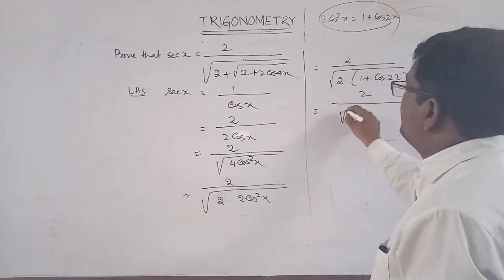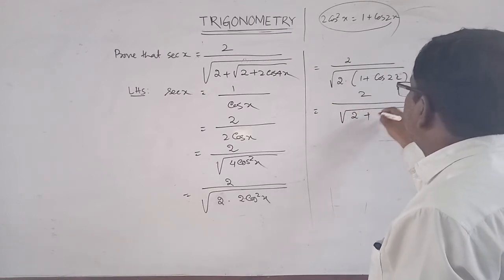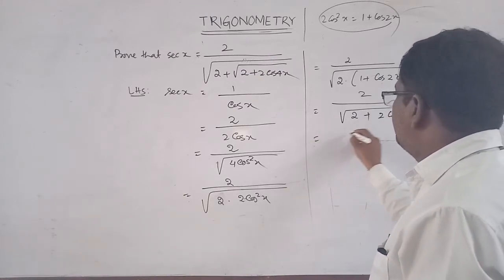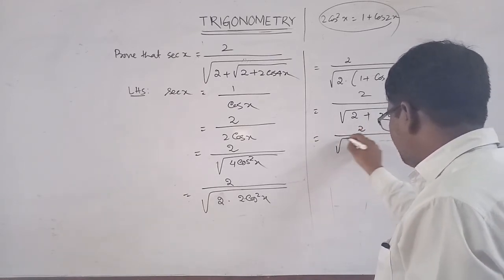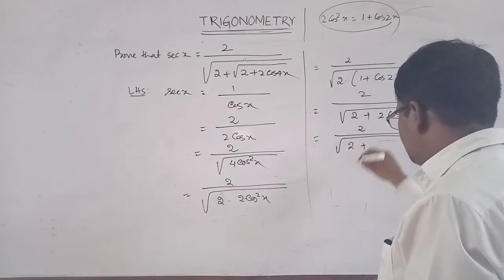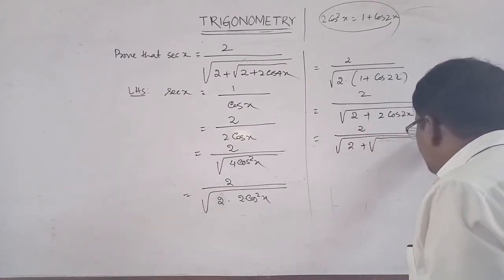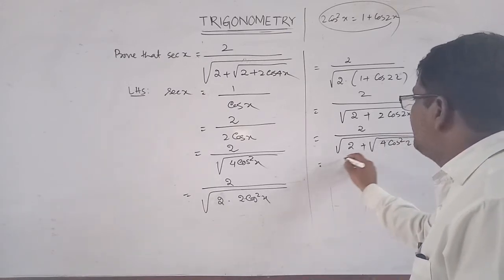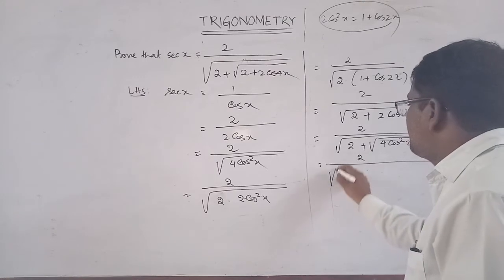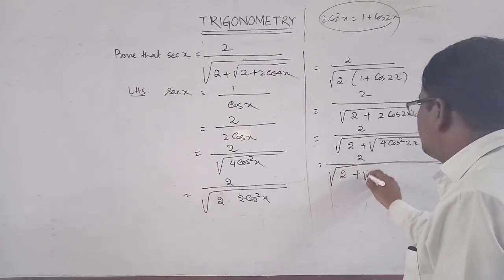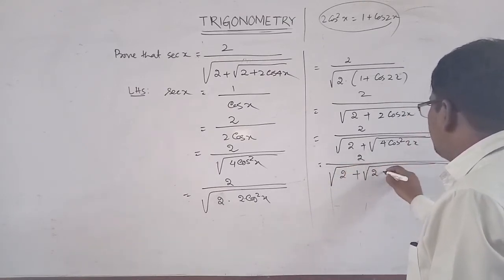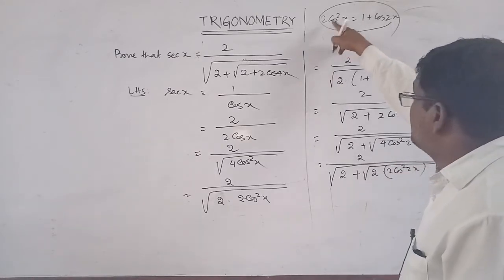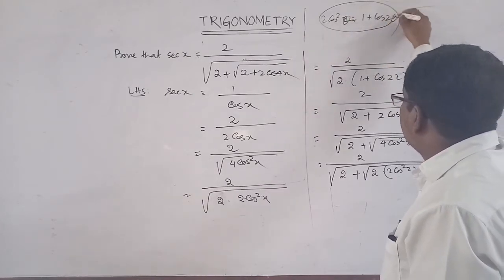Again 2 by, multiplying this, root over 2 plus 2 cos 2x. Again we can write 2 by square root of 2 plus square root of 4 cos square 2x. Again we can write 2 by square root of 2 plus square root of 2 into 2 cos square 2x. Apply the same concept: 2 cos square theta means 1 plus cos 2 theta.